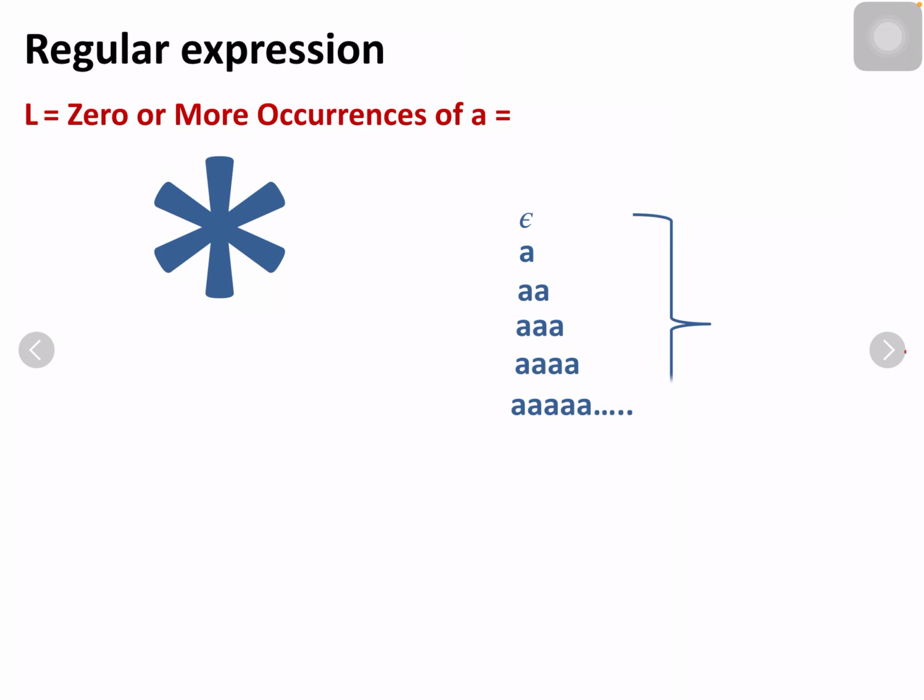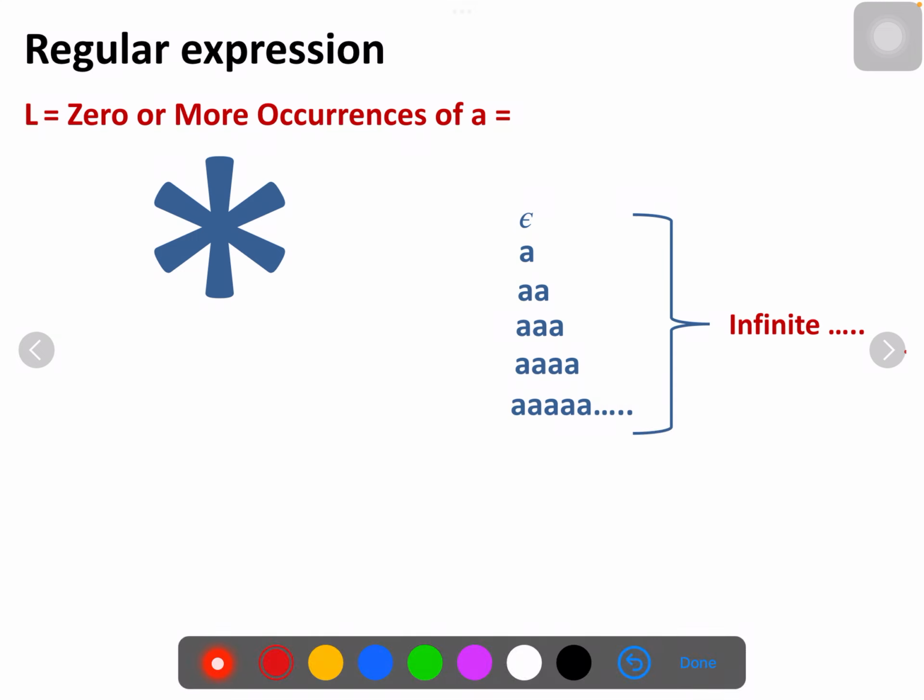Then there is one a, it may be two a's, three a's, four a's, five a's, and so on. You can say this is an infinite occurrence of a. So how do you represent it in a RE? You represent it by a star.